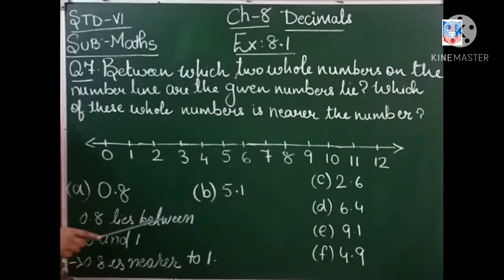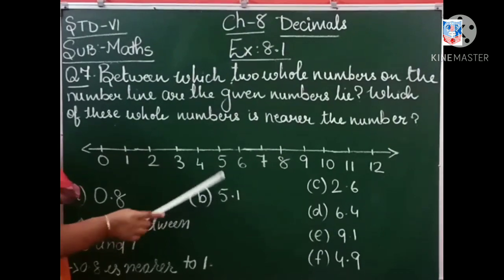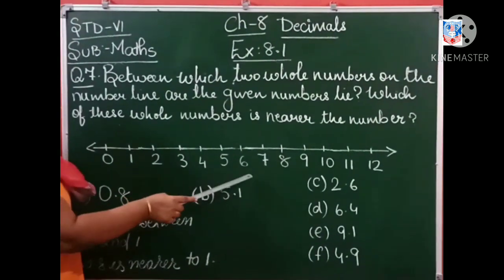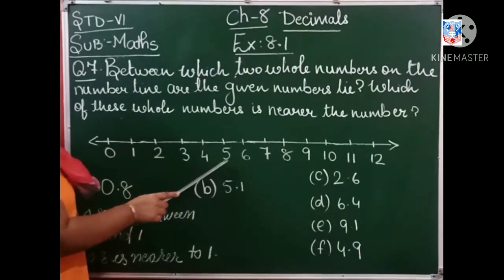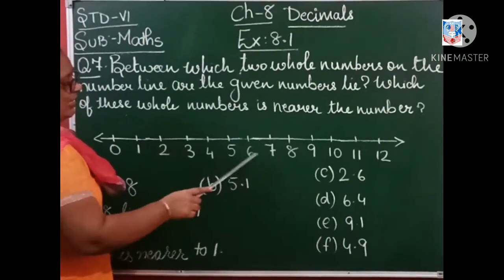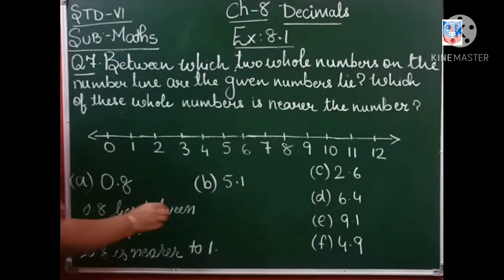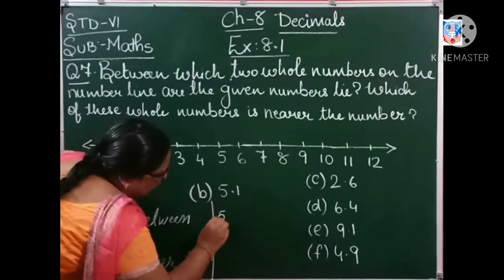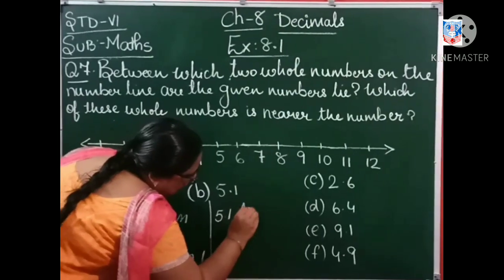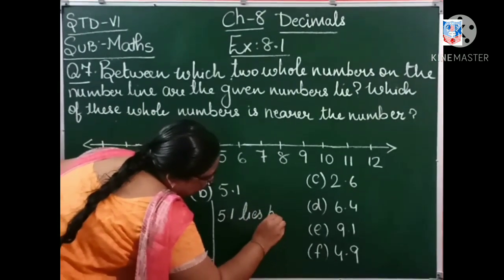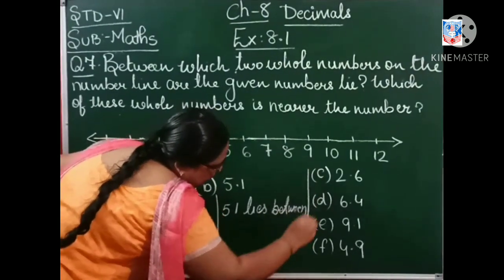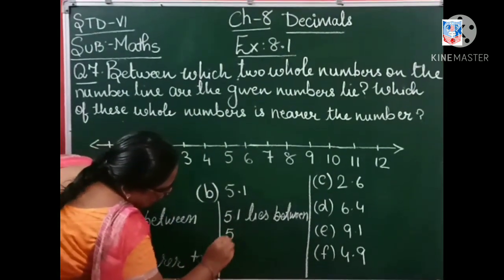Now second question is 5.1. So 5.1 lies between which two whole numbers? More than 5 and less than 6. That means the 5.1 lies between 5 and 6.